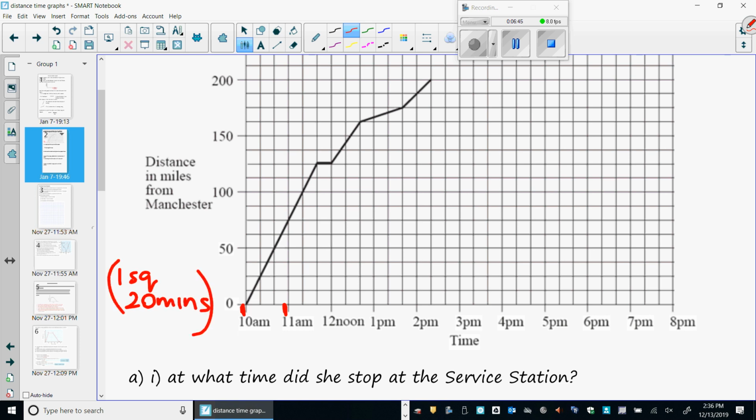I've said that because I hear so many people say to me, I don't know what that number is. Before you start these kinds of questions, it's really important that you have an awareness of what to do. This one here we've got from 0 to 50, and we've got 1, 2, 3, 4 squares.